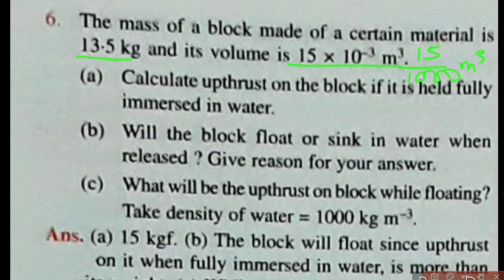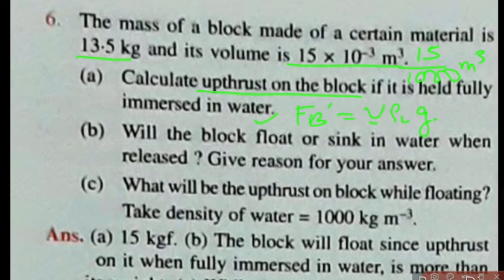You are supposed to calculate the upthrust on the block when it is fully immersed, that is FB dash, using the formula V rho L G. Here V is given. Let us see whether the density of the liquid is given, then G.